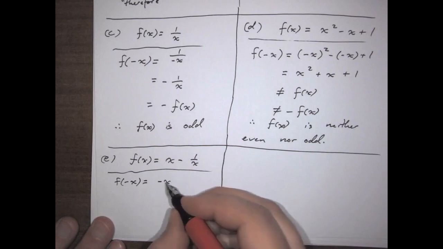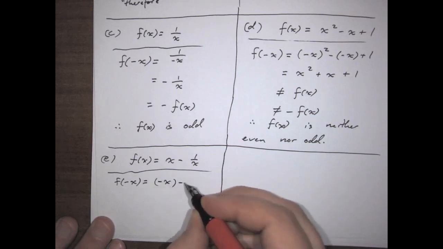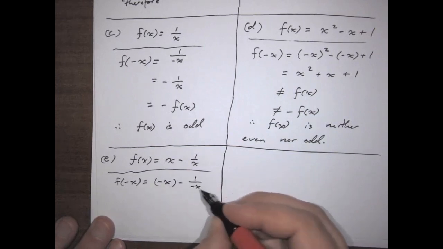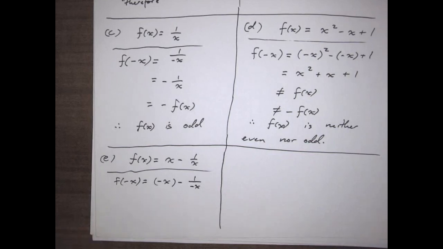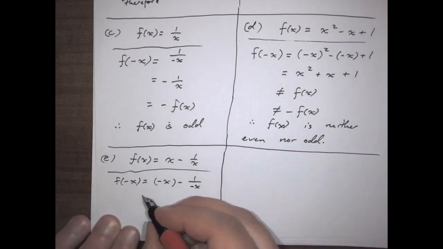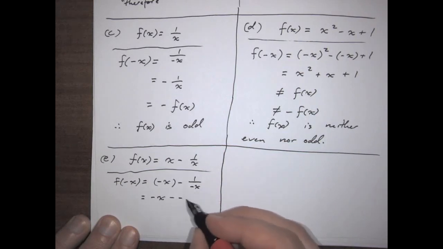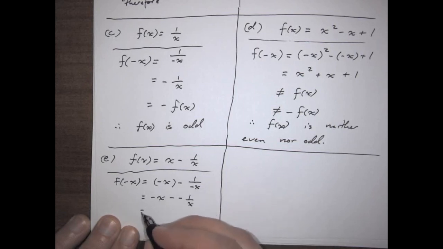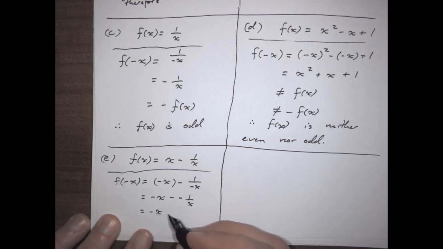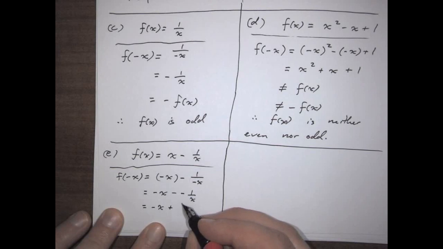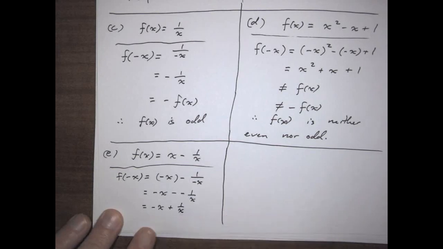So it's going to be a negative x minus 1 over negative x. Now if we look at it, what happens here, that's going to be the same as minus negative 1 over x. In other words, negative x plus 1 over x.